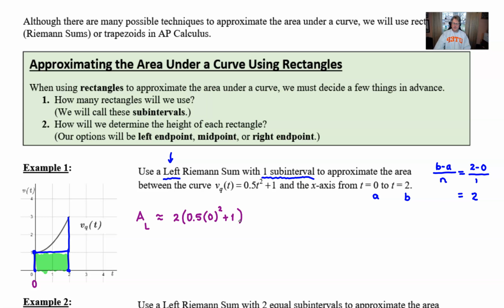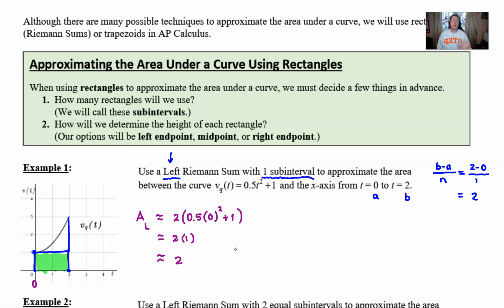And I know it's not going to be a big mystery here to see that that's just 0.5 times 0, which is 0, plus 1, which is 1. And so you're going to get 2 times 1, which of course is 2. And as you can tell, this green shaded region certainly consists of 2 blocks, and thus the area is 2. You probably could have just looked at that to determine the answer is 2 without having to go through this numeric process.